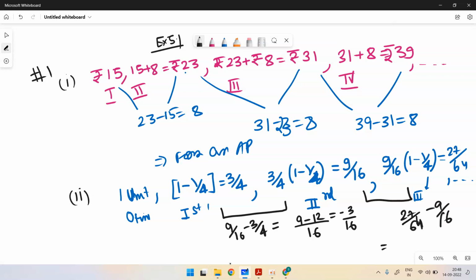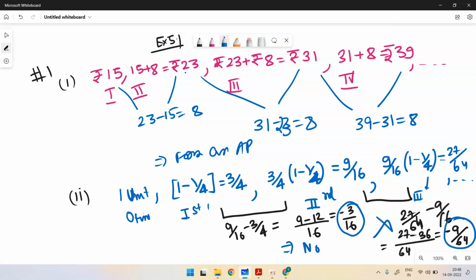If you take the LCM 64, it is 27 minus 36 over 64, which is nothing but minus 9 by 64. If you see this, minus 3 by 16 is not equal to minus 9 by 64. This is not equal, which implies the series does not form an AP.